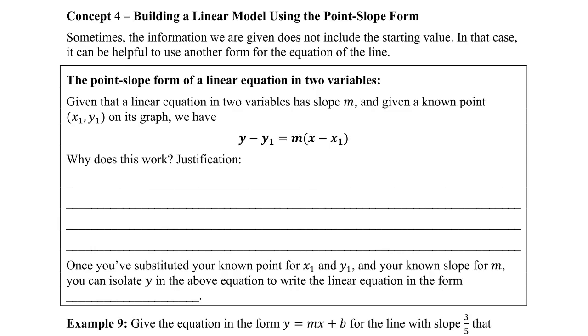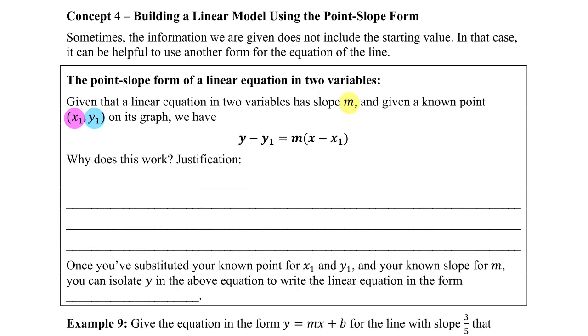Instead, we know the rate of change and we know some current state of the model. In other words, sometimes we know the slope, but instead of knowing the intercept, we know a pair of values, an x value and the corresponding y value.